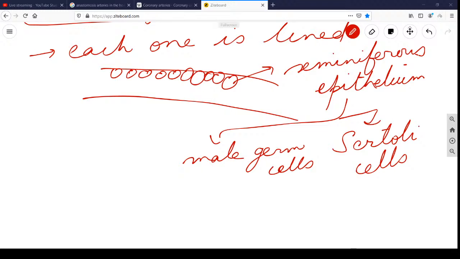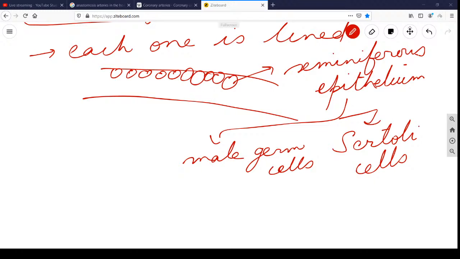That we are not going to talk about here, but one thing I'll tell you is that the immature germ cells lie next to the basement membrane of each seminiferous tubule, and these cells multiply by meiosis.